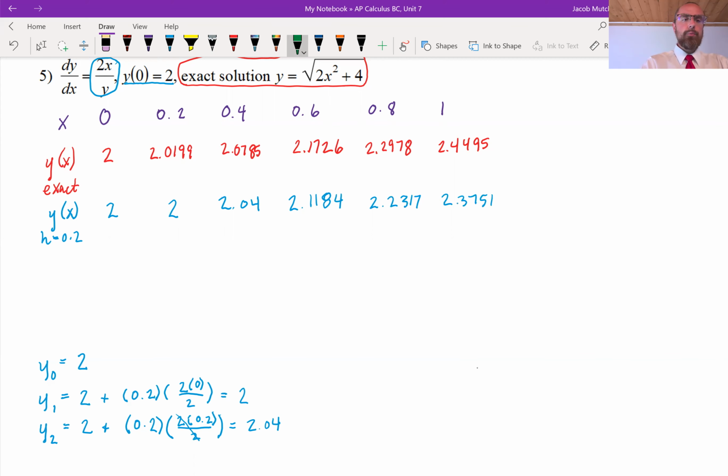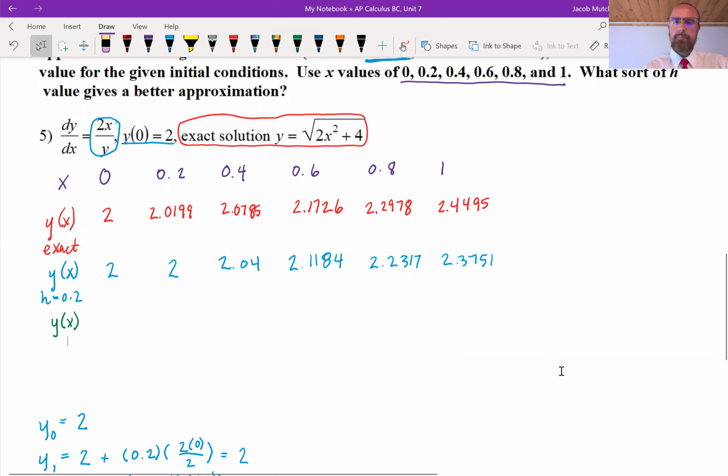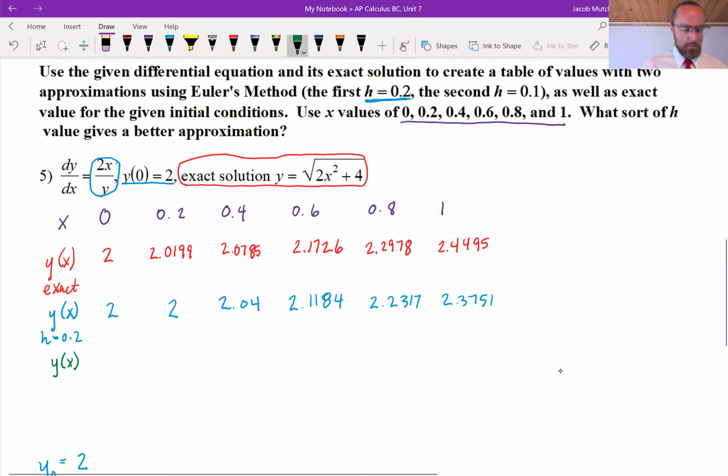So what I want to do is now make a second approximation. So let's create this third row in our table. And what I'm going to do is decrease my step size from 0.2 to 0.1. And you can see that's given to me in the instructions here. The second one is a step value of 0.1.